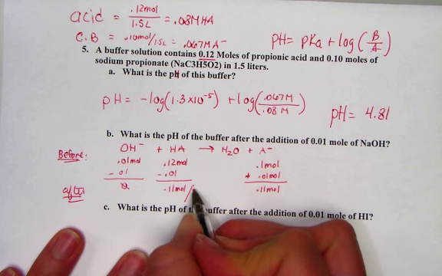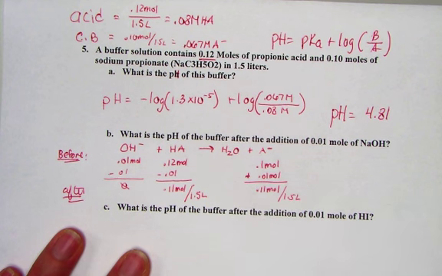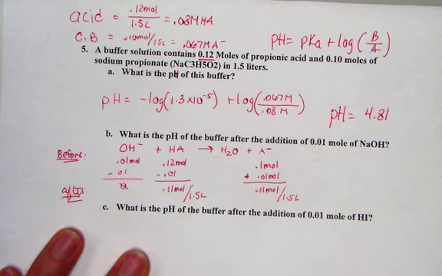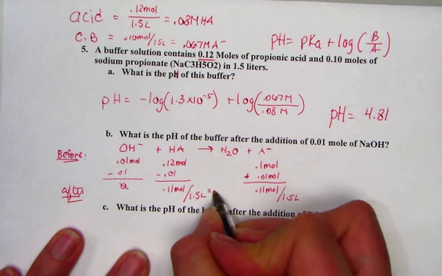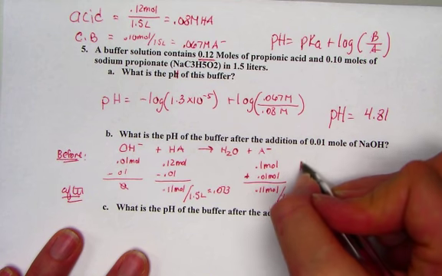When we place this into the Henderson-Hasselbalch, we need the molarity units. So we'll need to remember to divide out the 1.5, although we're seeing that this will cancel out, but we'll show the work. 0.11 divided by 1.5 gives us a molarity of 0.073 for both the acid and the base.